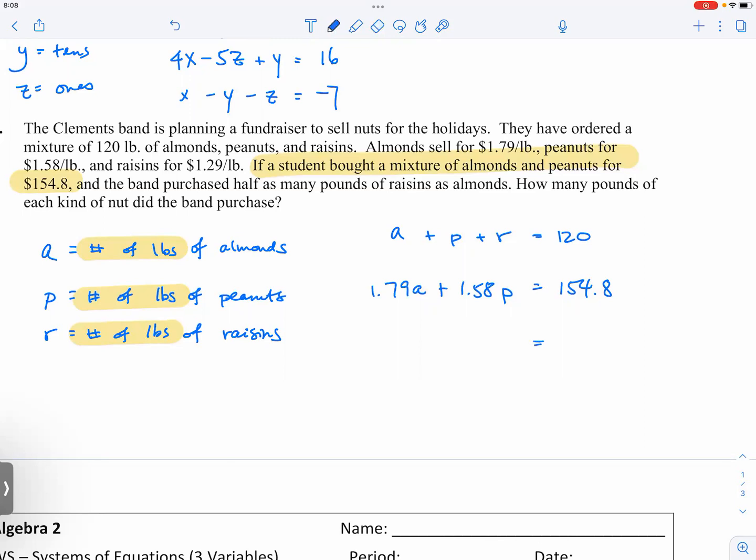If the band purchased half as many pounds of raisins as almonds, so which one's more? Raisins or almonds? Which one is more, based on the language right here? The band purchased half as many pounds of raisins as almonds. So what is more?